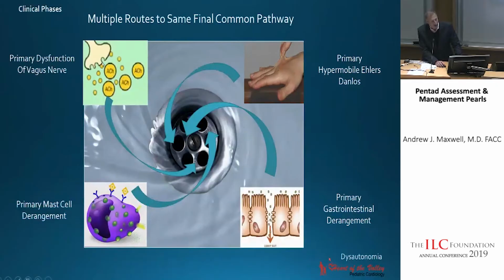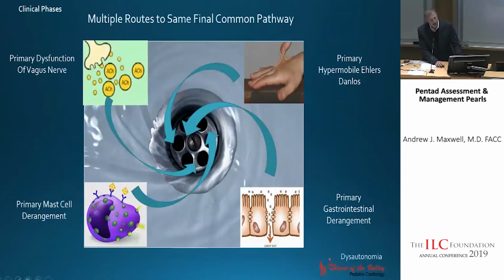So it doesn't matter whether you have a primary vagus nerve dysfunction, and again, the classic example of that would be someone who has a concussion and then their whole world changes after that. Or a primary mast cell derangement where very early on as a child they were already having food sensitivities and very hyperallergic.